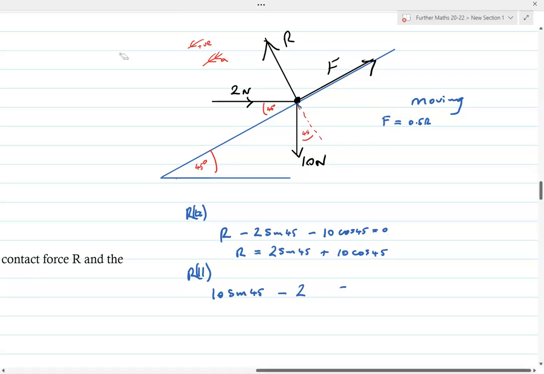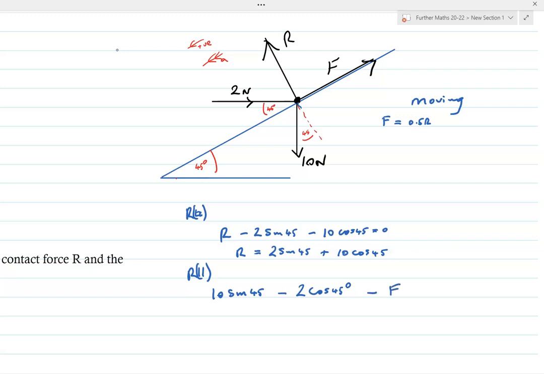So it was cos 45 to be consistent, so it's 2 cos 45 because we're next to the angle there, 2 cos 45. And then also minus 10 sine 45. Where's the f? Something's happened to the f. Oh, I've already put the minus 10, not the minus 10 sine 45, minus the f.